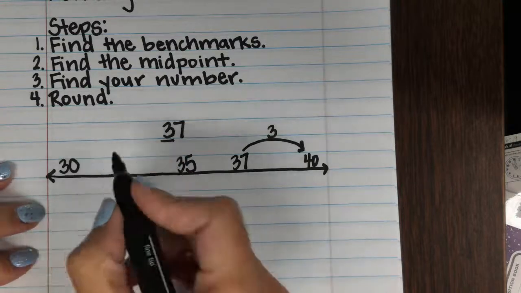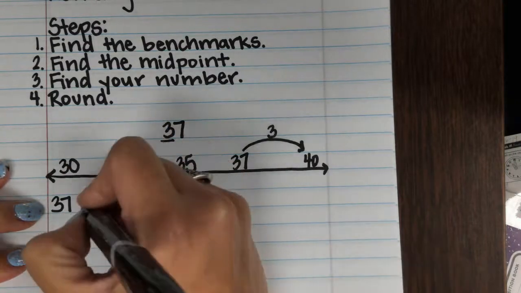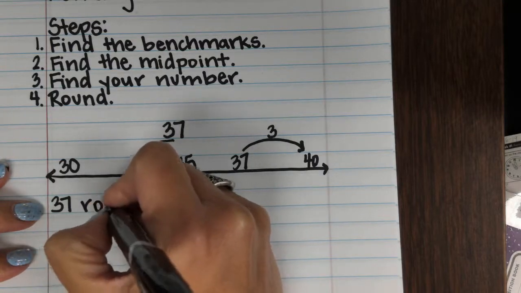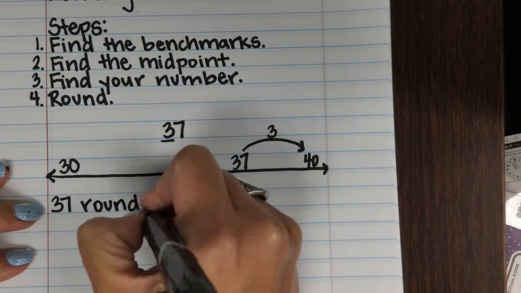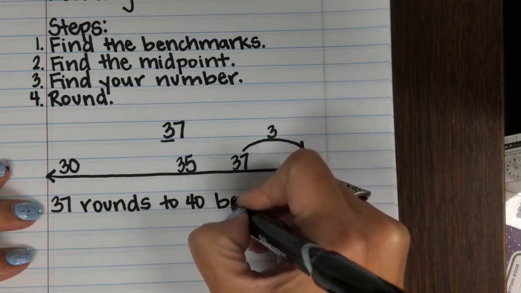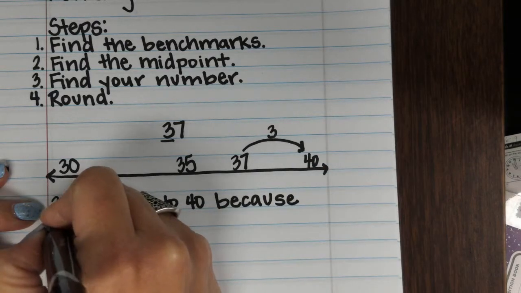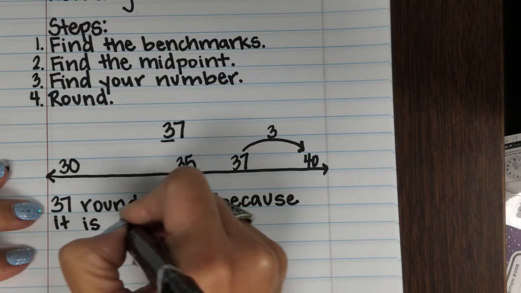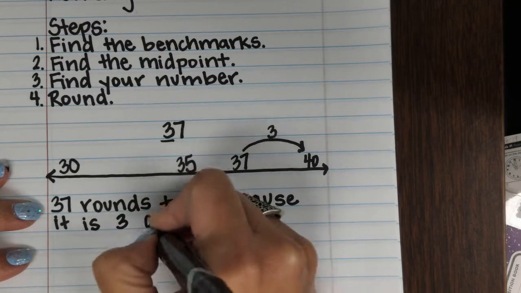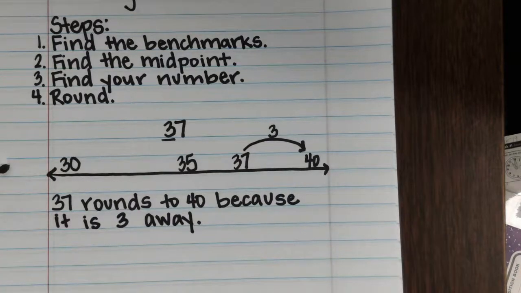So we're going to say that our number 37 rounds to 40 because it is 3 away. Okay. Your turn.